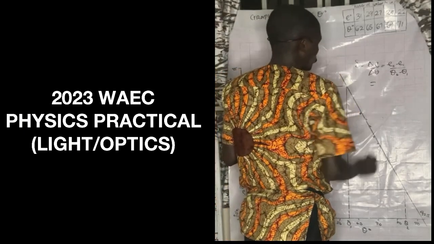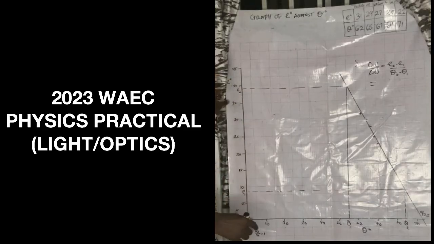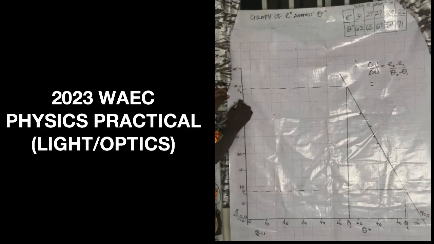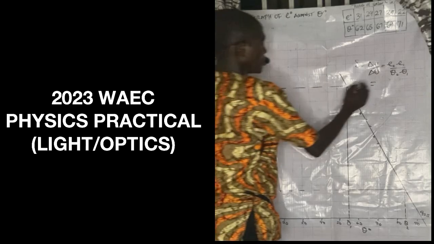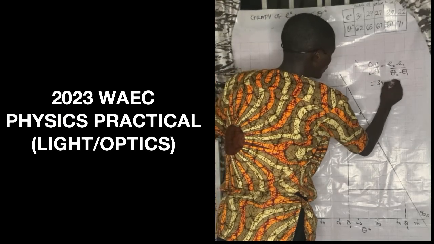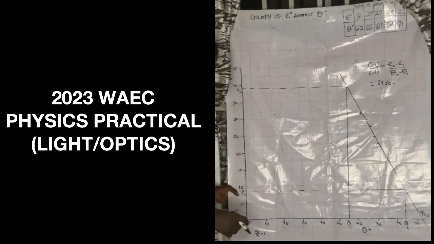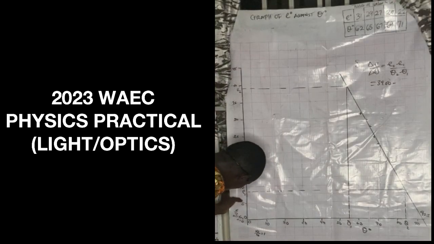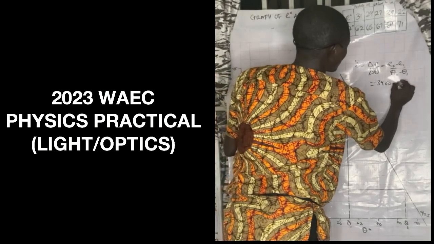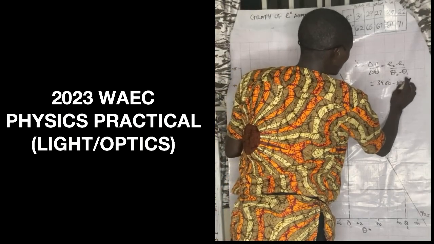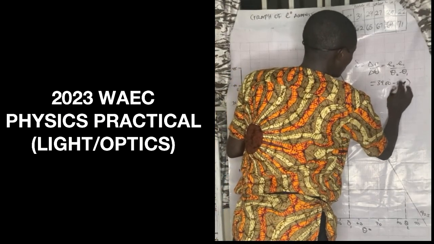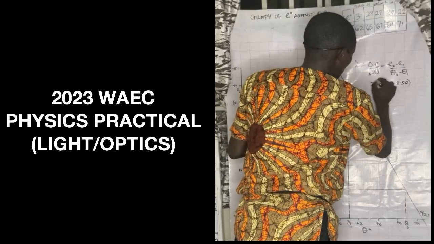So with this now, I have E2 to be what? This is 36, 37, 38, 39. So 39.0 minus what? This one is 8.5. So we have 8.50, and don't forget this 8.5 degree.